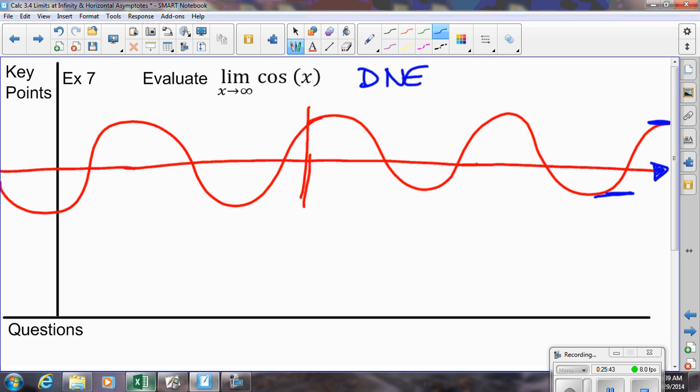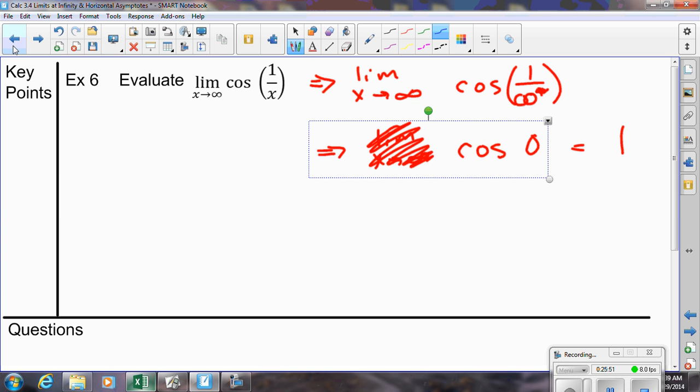Remember, the piece that we've been looking at says if you take the limit as x approaches infinity and you actually do get some kind of a number like this one, this is telling us this particular graph will have the horizontal asymptote y equals 1. Because our limit approaching infinity actually does equal some finite number, it must have a horizontal asymptote.